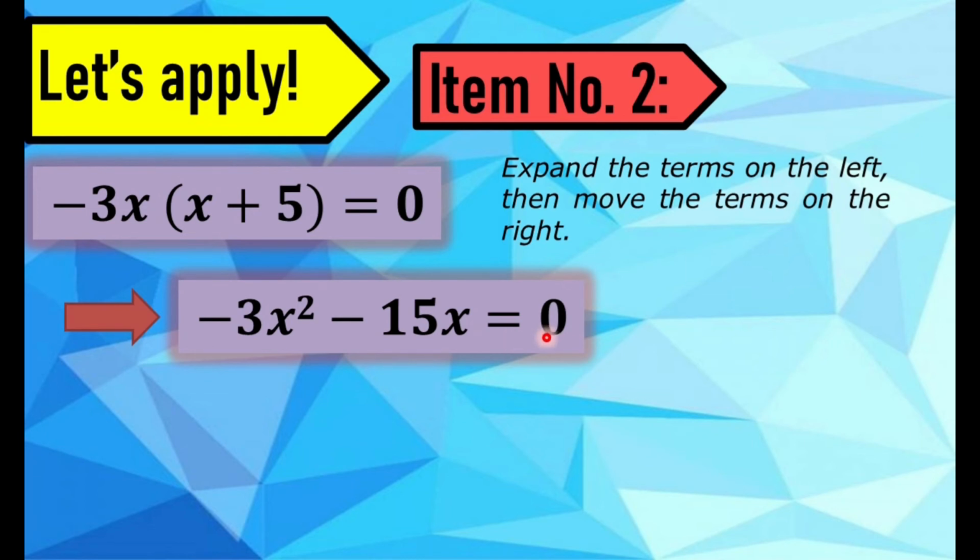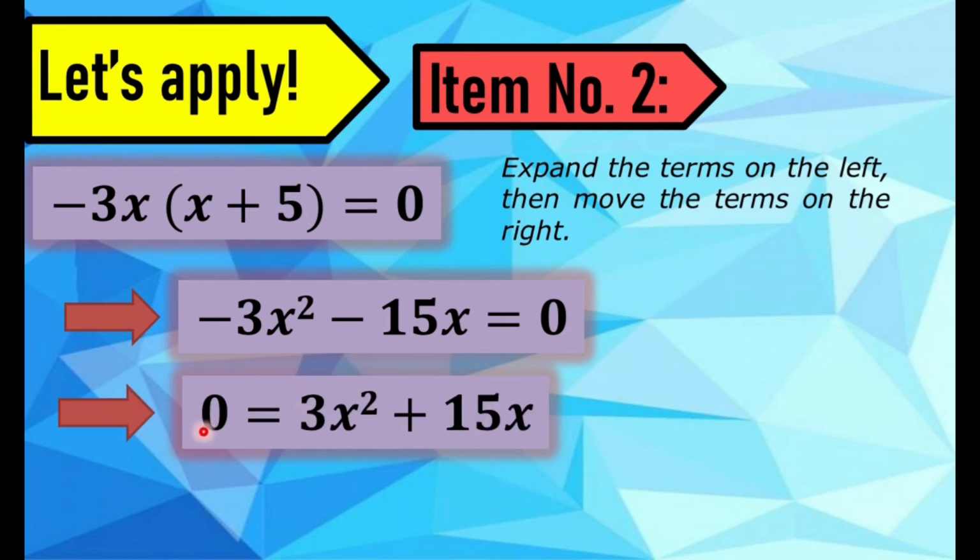Now, if you're wondering why we have to move all these terms on the left to the right side, it's because it's better if our quadratic term is not negative. So in order for this not to be negative, let's move all these terms to the right. That would be 0 is equal to 3x squared plus 15x.